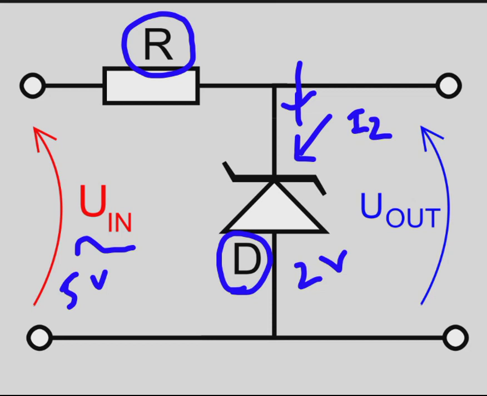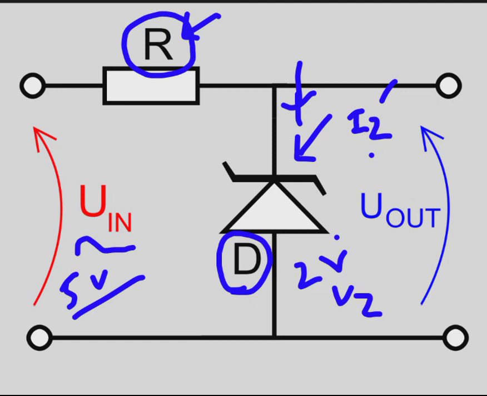So you get the value of VZ, which is 2 volt, and IZ from the data sheet, and then you know how much your unregulated power supply is. Based on that you can calculate the value of R.